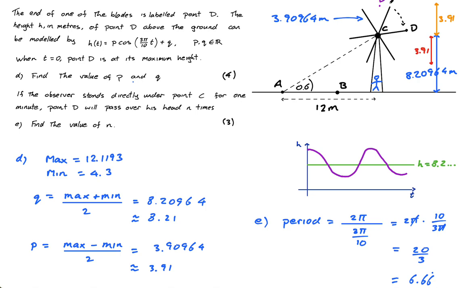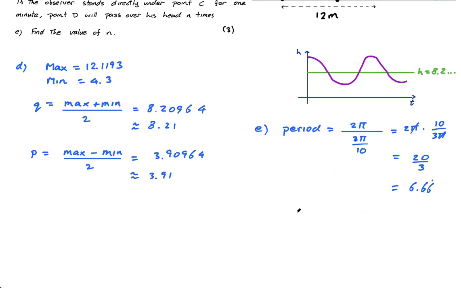But the question wasn't find the period, it was how many times is D going to pass over his head. So in 6.66 seconds, it'll pass over once, then another 6.666 seconds, it'll pass over twice. How many times will it pass over if he stands for a minute? Because it says for 1 minute here. Well, I just need to see how many of these are in 60.